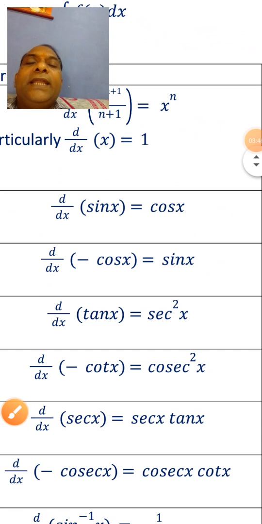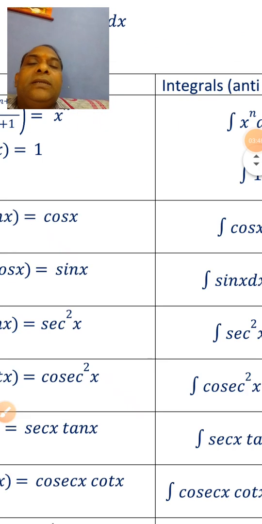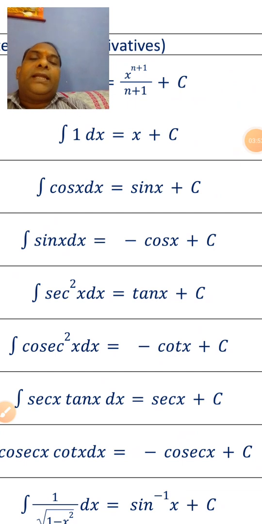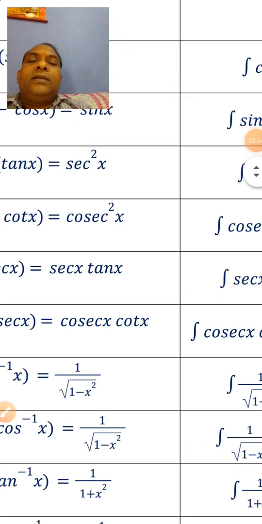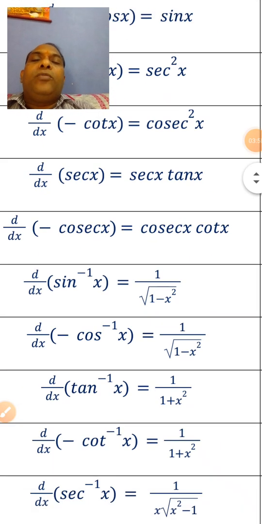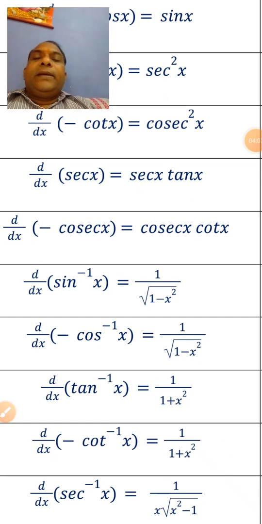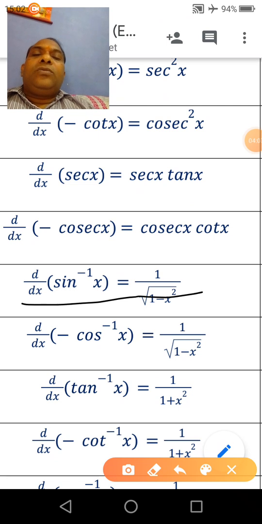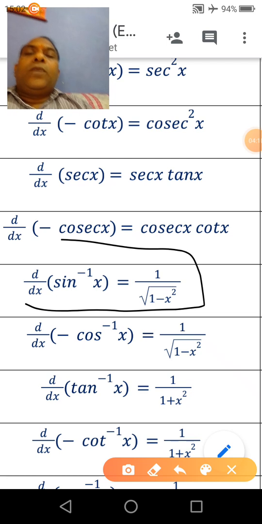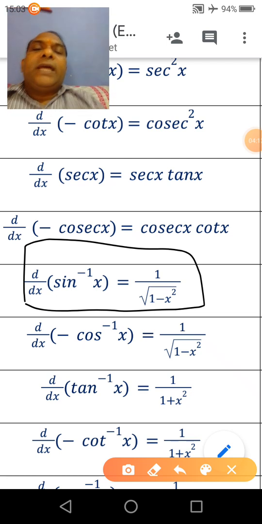Differentiation of tan x is equal to sec square x. Integration of sec square x is equal to tan x. Similarly, you can write all formulas of integration with the help of differentiation. d by dx of sin inverse x is equal to 1 upon root 1 minus x square.